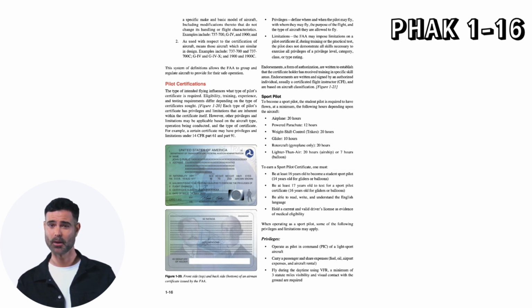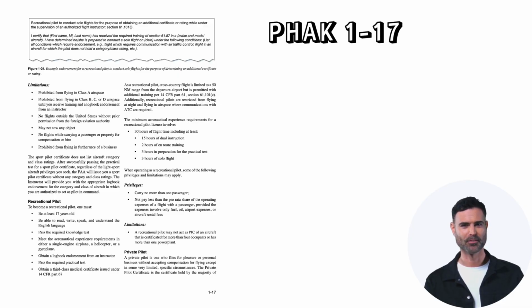Privileges. Operate as pilot in command, PIC, of a light sport aircraft. Carry a passenger and share expenses, fuel, oil, airport expenses, and aircraft rental. Fly during the daytime using VFR; a minimum of 3 statute miles visibility and visual contact with the ground are required. Limitations. Prohibited from flying in Class A airspace.